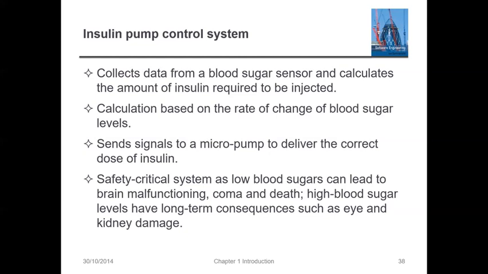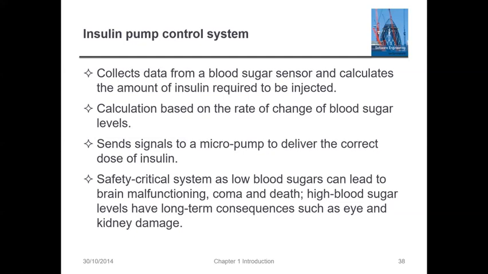Then we should also take care of the safety measures, as this is a critical system. If there are low blood sugar patients and you give too much insulin, then definitely the patient will go into brain malfunctioning, the brain will not work, or the patient can go into a coma, or even death. If there is high blood sugar, then there will be long-term consequences like eye problems, kidney problems, all these things.